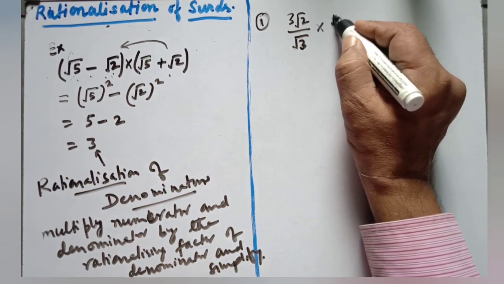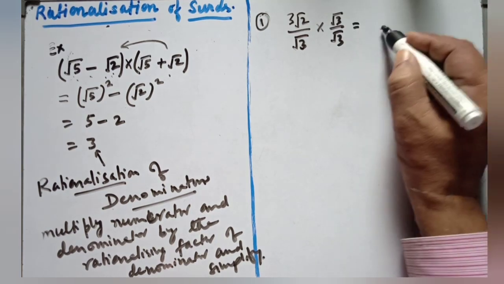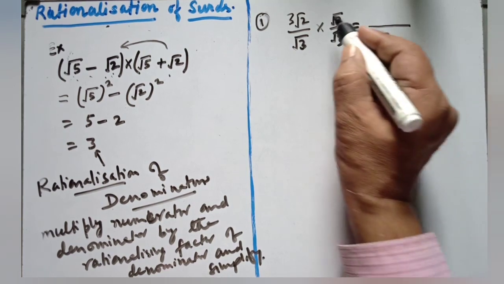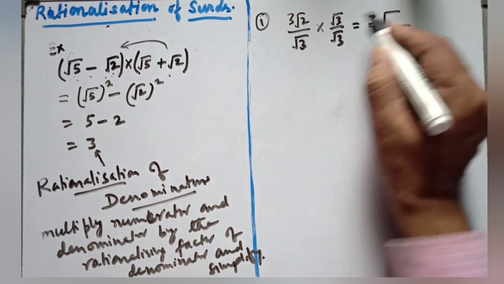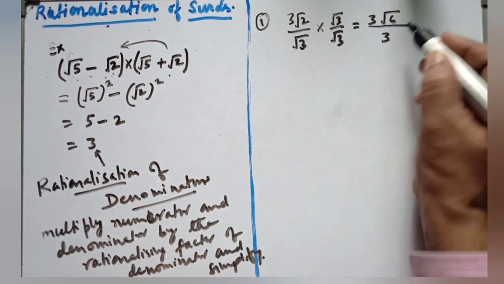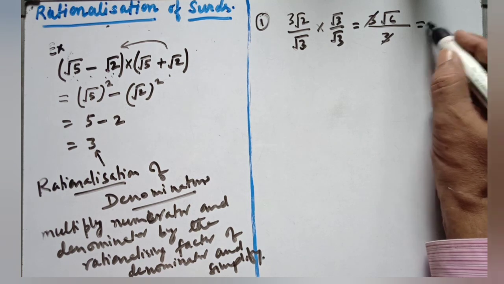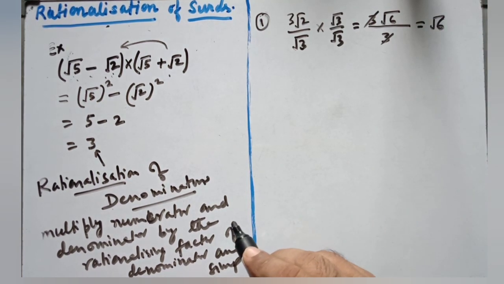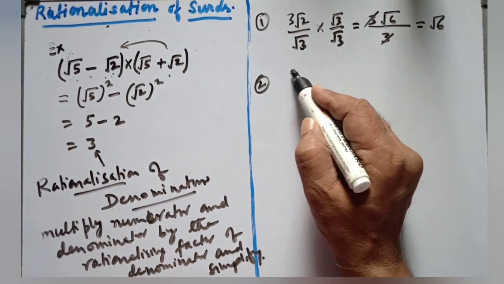So you multiply both numerator and denominator by root 3. When you multiply the denominator, root 3 into root 3 becomes 3, and the numerator is 3 into root 6, as root 2 into root 3 is root 6. Now this 3 and this 3 will cancel. So the result is root 6. Now the denominator is a rational number. Clear?